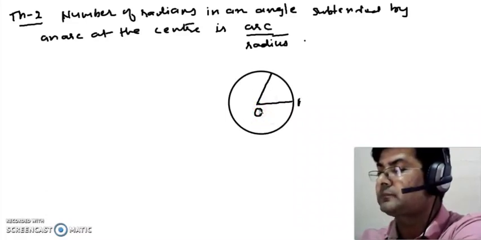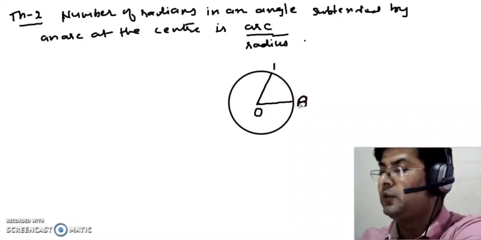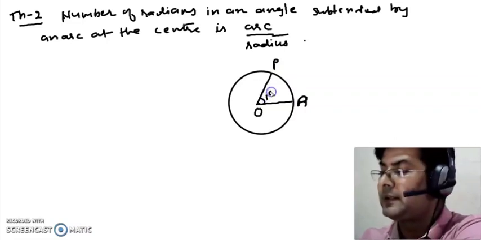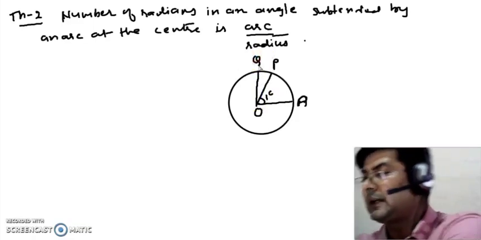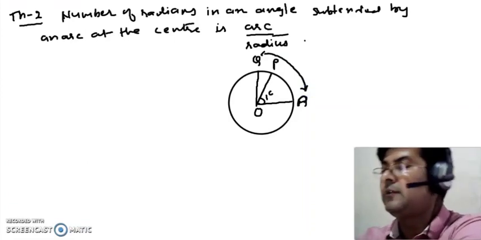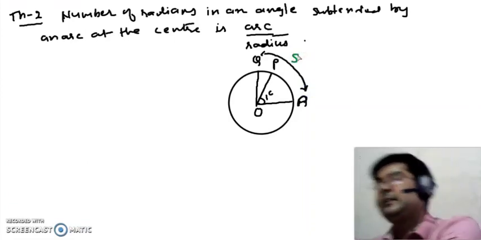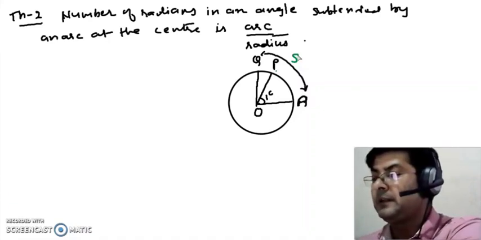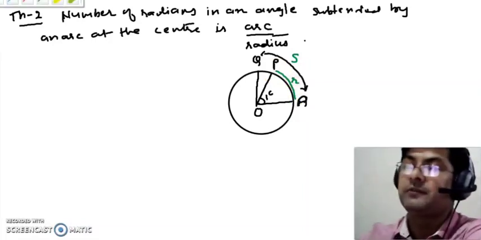So we have AP, an arc which is equal to the radius in length and which subtends 1 radian at the center. Let us consider another arc of length S. So AQ is an arc of length S, while the length of AP is R, that is equal to the radius of the circle.